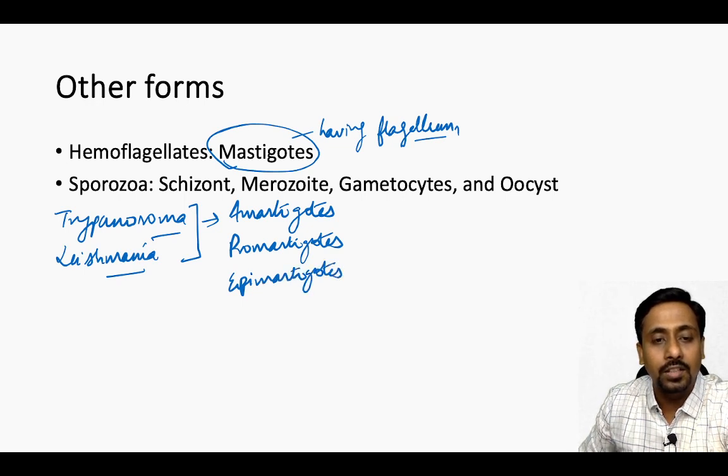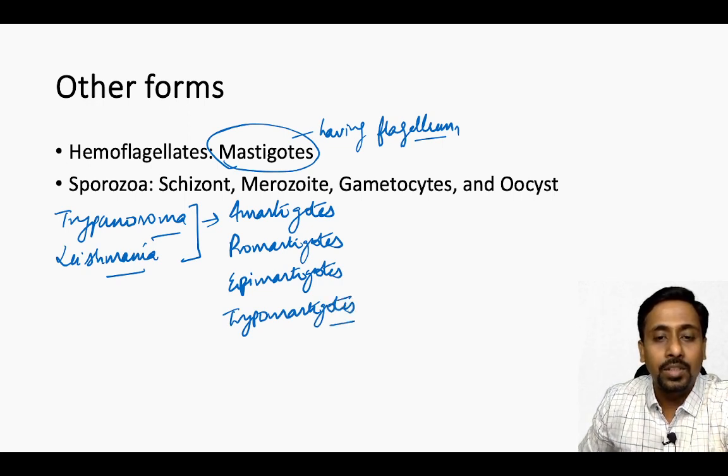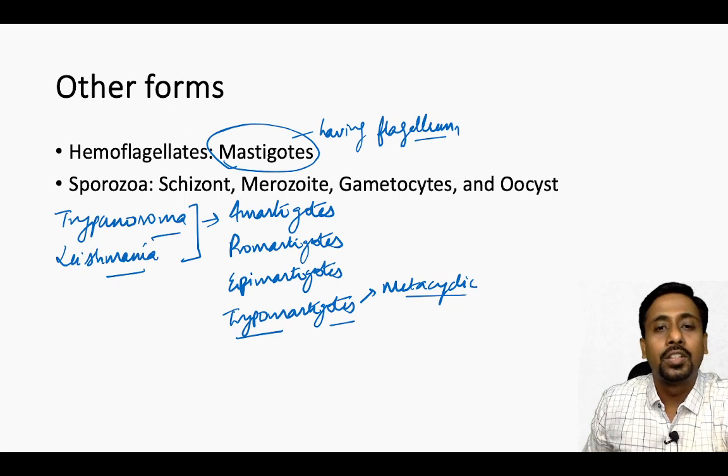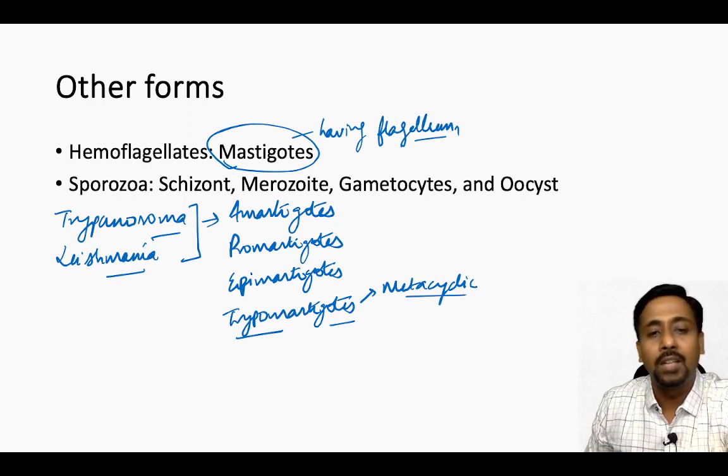The last one is trypomastigotes. And these trypomastigotes have two different names, I will tell you later why. One is metacyclic and one is simply called trypomastigote. So there are four different morphological forms seen in hemoflagellates: amastigote, promastigote, epimastigote, and trypomastigote.